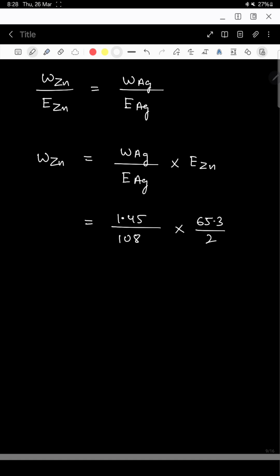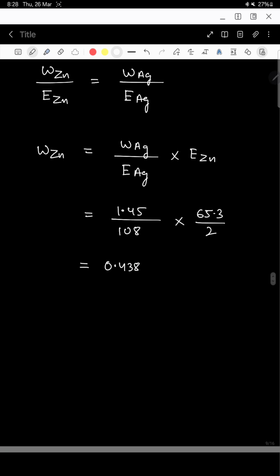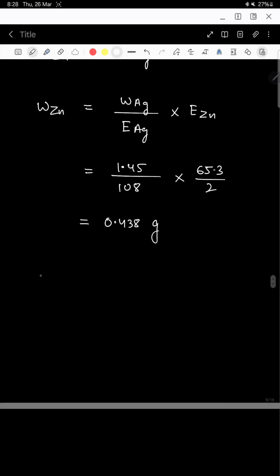So from here you can get the mass of zinc that is formed. So it will be 1.45 multiplied by 65.3 divided by 108 divided by 2. So it's going to be 0.438 gram approximately.